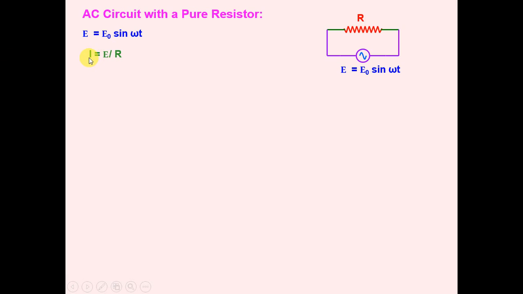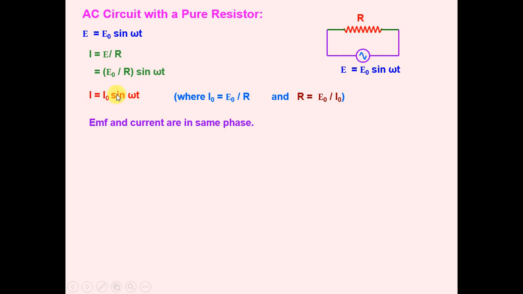Substituting the value of the EMF, epsilon naught sine omega t, we get I naught sine omega t, where I naught is epsilon naught over R, or simply R is epsilon naught over I naught. Epsilon naught is the peak value of the EMF and I naught is the peak value of the current flowing through the circuit.